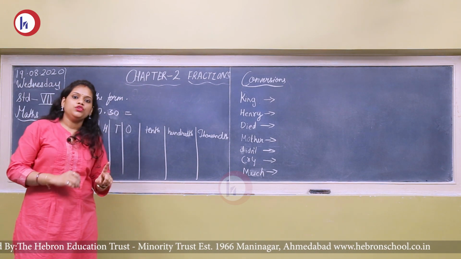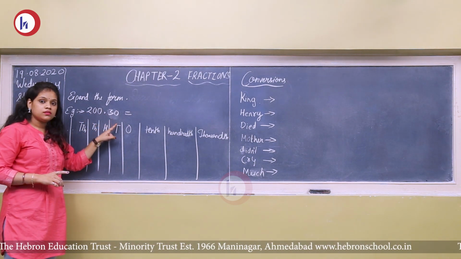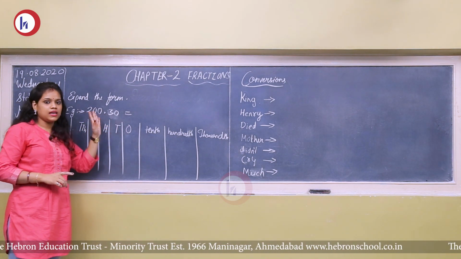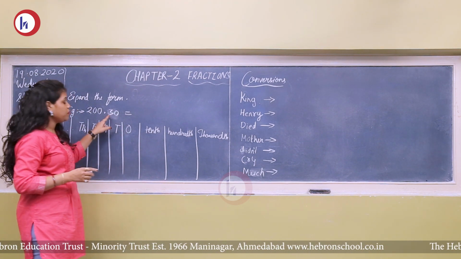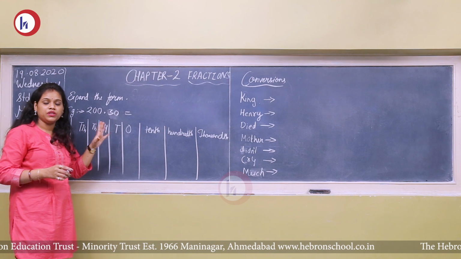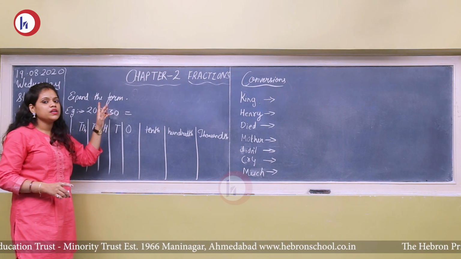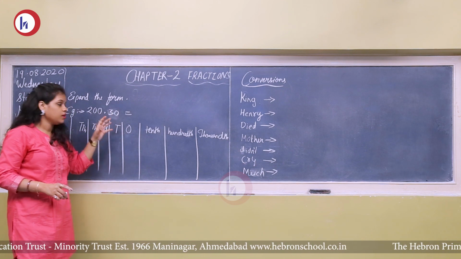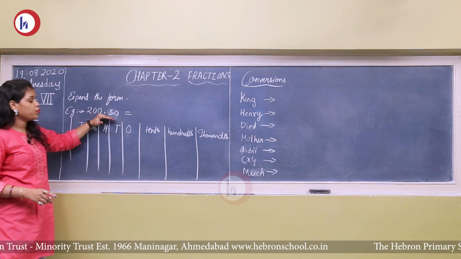This is wrong. Always after the decimal you read the numbers separately. You can't say 30, 300, 250. You won't say anything like that after the decimal. After the decimal it is always 1, 2, 3, 4, whatever the digits are. So 200.30 is our example.